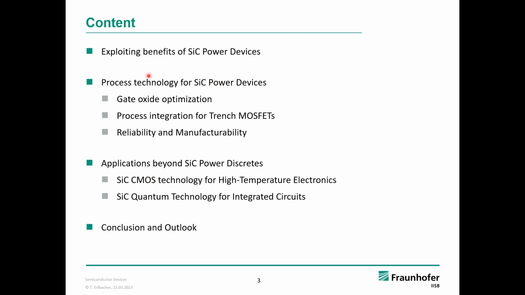And this will then lead to a discussion of what can and must be done in silicon carbide to follow this route towards more and more competitive devices. On the other hand, I'd like to spend a few minutes on some applications beyond silicon carbide power devices. This is the silicon carbide CMOS technology platform, high temperature, high voltage, and maybe even going to quantum devices. And then I will summarize my presentation.